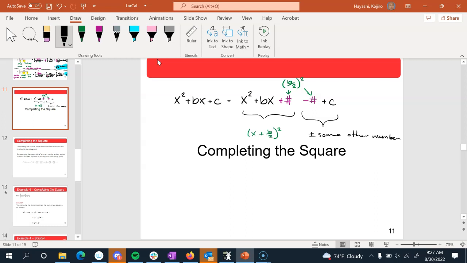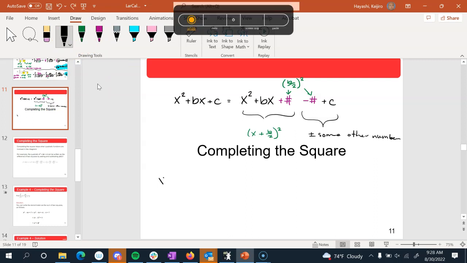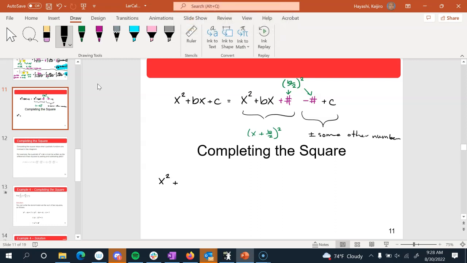Okay, probably better to see it not in terms of b and all these hypothetical constants. So for an example, let's just say we've got x squared plus 10x minus 17 or something like that.